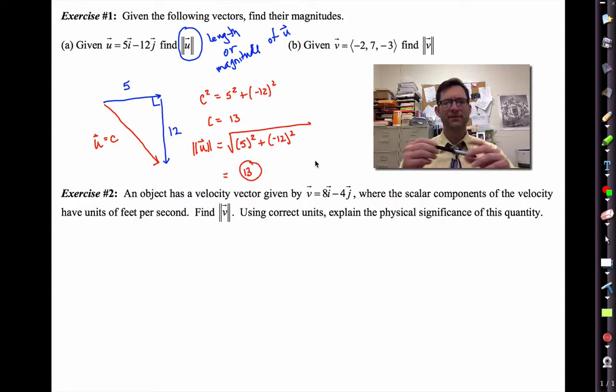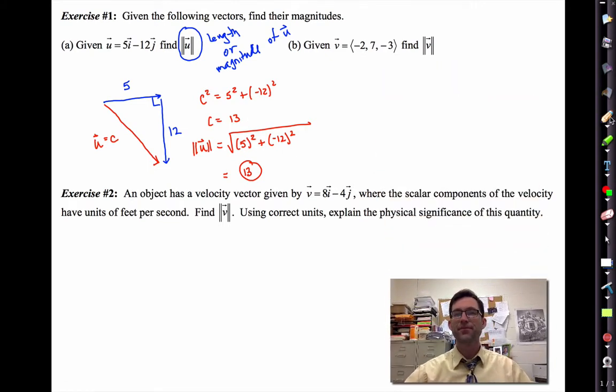Now, letter B, we have a 3-dimensional vector. A little bit tricky, but this is essentially the same as asking what the distance is between the point 0, 0, 0 and the point negative 2, 7, negative 3. Now, what hopefully you've learned before in 3-dimensional coordinate geometry is that the Pythagorean theorem can be extended to 3 dimensions and upwards.